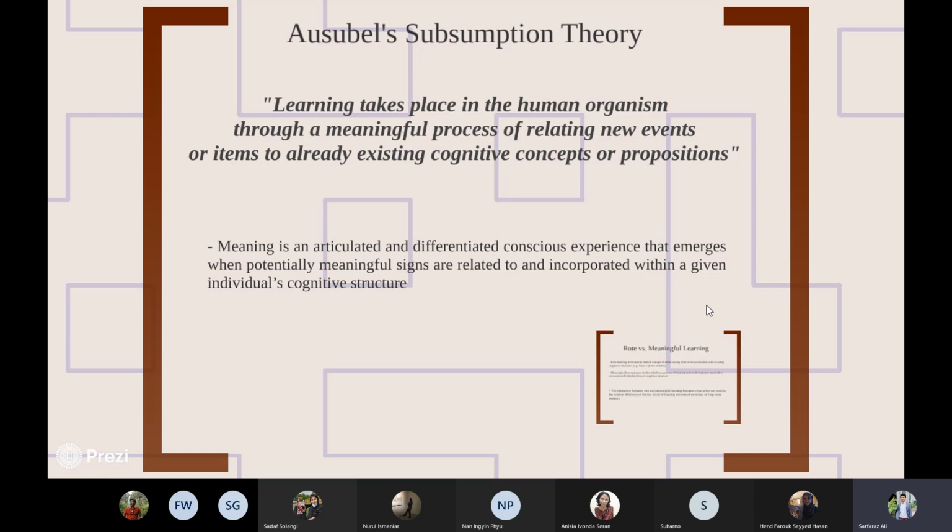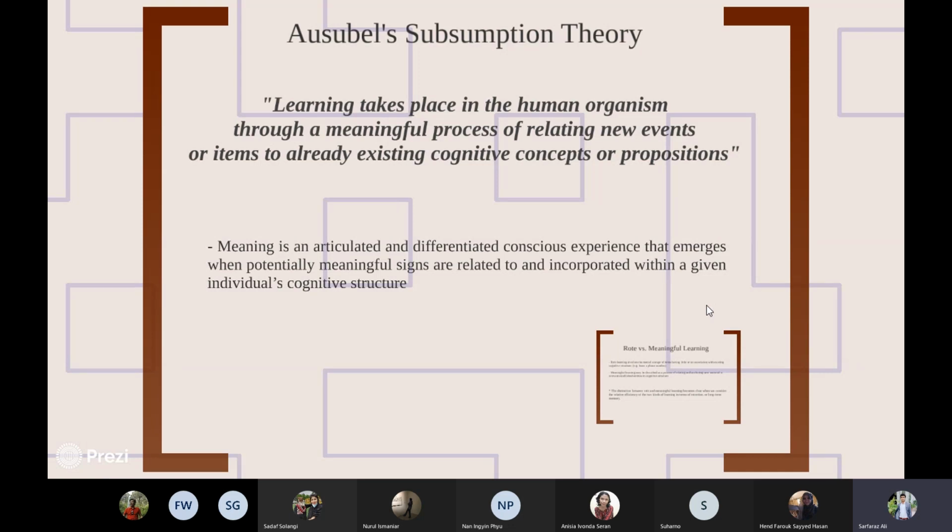Here we are given some definitions and examples about the learning process, how human beings learn. In it we are given types of learning.